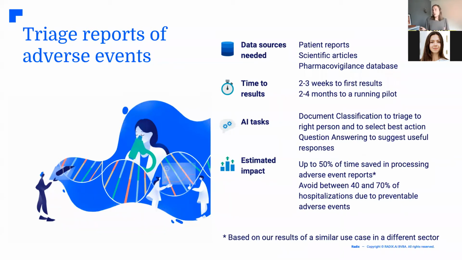Provided that the historic data is easily accessible, this would be rather on the lower end, but keeping in mind the complexity, we prefer to give a broader time scope as well. By comparing the experience that we have with a similar case that we did in a different sector, we would estimate that about 50% of time per case can be saved by using document classification and question answering.